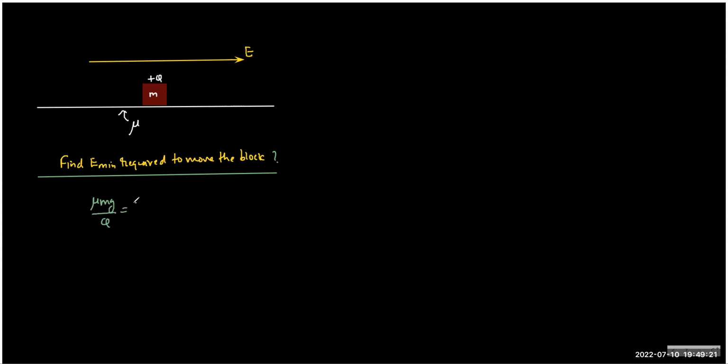Well, that's the right answer. So anyone having doubt in this question? So you must overcome the limiting friction, and limiting friction is how much? Mu into N. And you know how to solve it. The next part will be obvious.